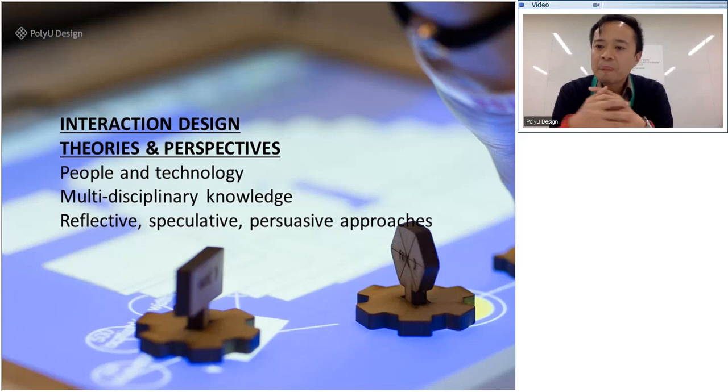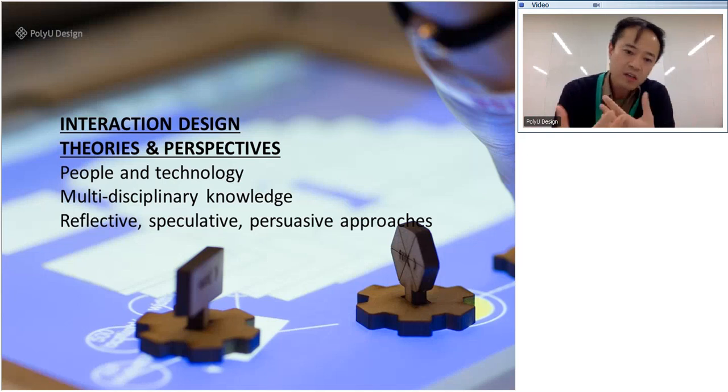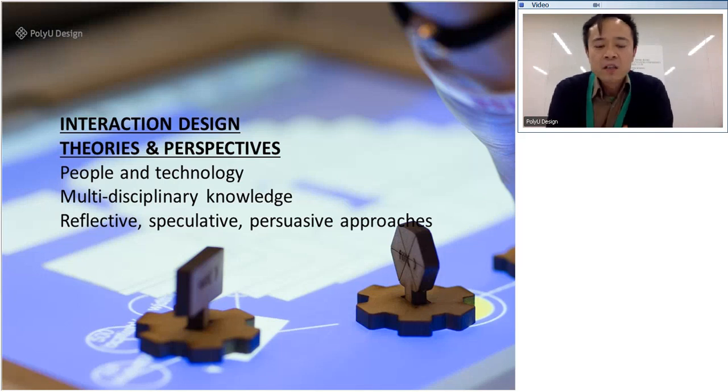And then we want to let you know what is our students in the past and what are their possible outcomes in the future. So to start with, the first aspect is our beliefs, our theories, and also perspectives in interaction design.